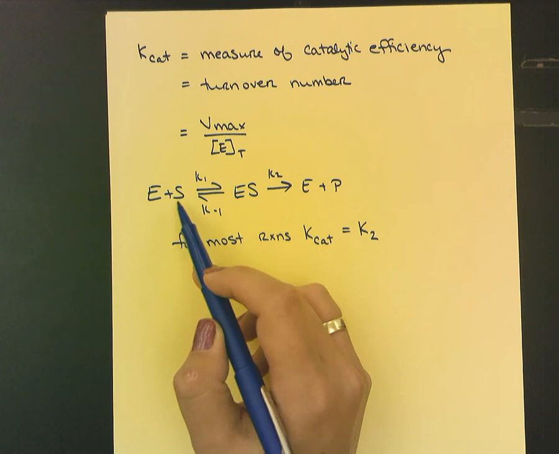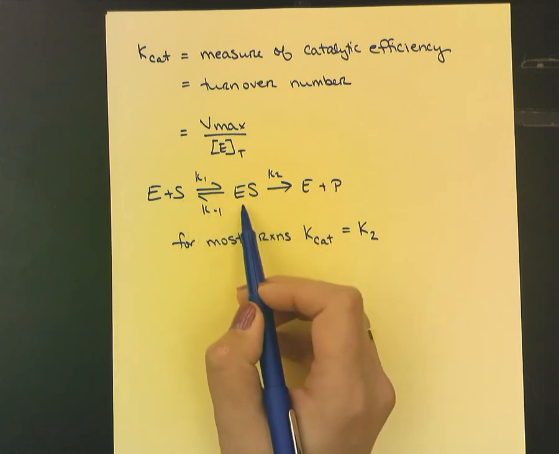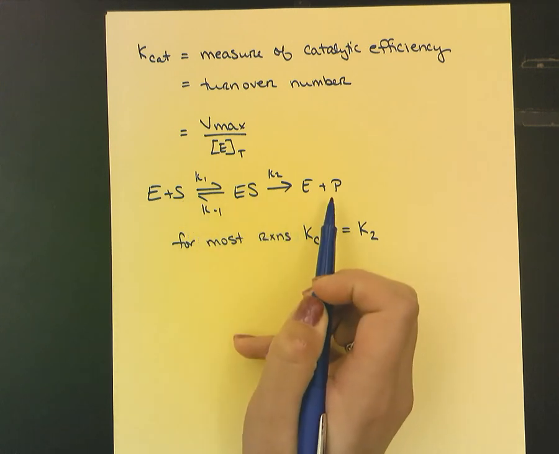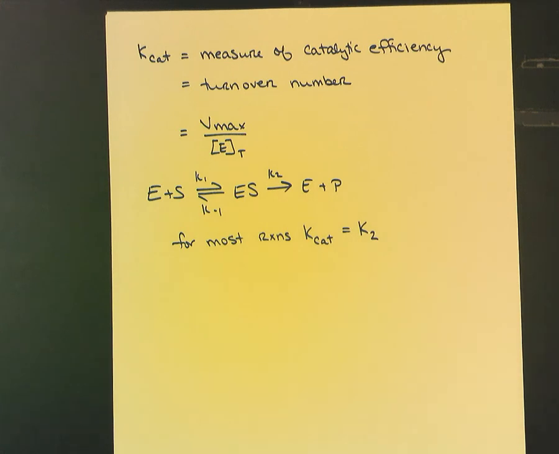So you are measuring how fast the enzyme substrate complex breaks off into its 2 separate parts again, so it can come around and grab another substrate. That's what I mean by turnover number.